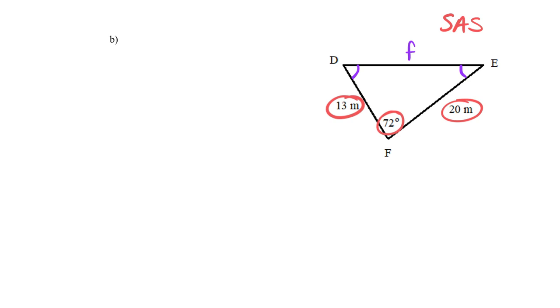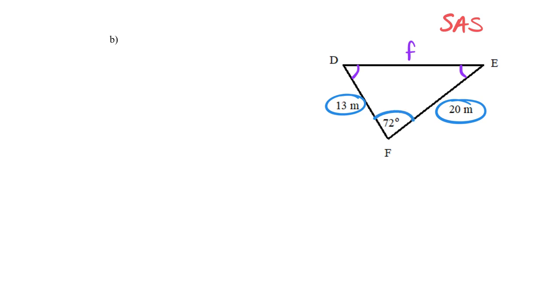Now, I want to clarify further what side, angle, side means. It doesn't mean that you had a side, an angle, and any side. Like if I knew that side F was 20 and not side D, it doesn't mean, hey, side, angle, side. No. What side, angle, side actually means for us is two sides and the contained angle.